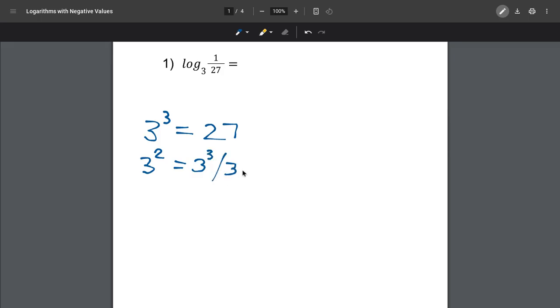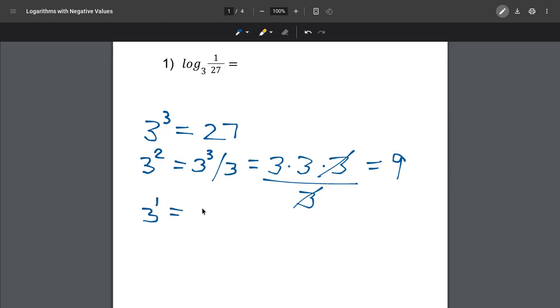We have 1 less 3 multiplied in there. 3 cubed is 3 times 3 times 3, but 3 squared is 2 threes, or 3 cubed divided by 3, because we cancel these out and we get 2 threes multiplied together. That's 9. As we go down in power, we divide by 3 from the previous power. So 3 to the first power is 9 divided by 3, which is just 3.